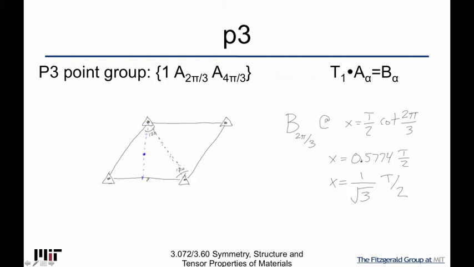So it won't surprise you that 1 over square root of 3 times t over 2, which is, remember this one, is this here. And so we end up right in sort of the middle of this guy.